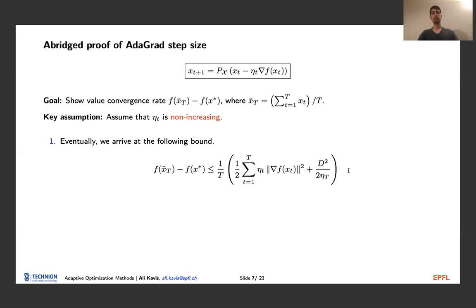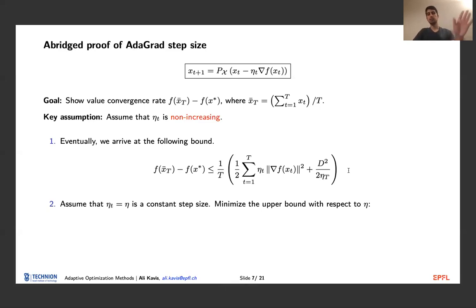For that, let's use the intuition from the beginning: assume we have a constant step size and that we know the time horizon. If we set eta_t and eta_T as eta, a fixed step size, we have a function of eta plus 1 over eta. This summation has a minimizer which we can attain.